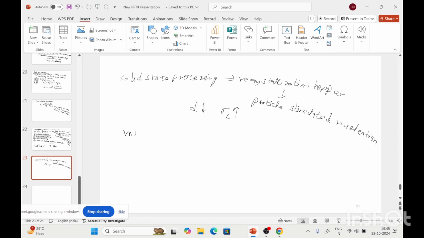The matrix flow is restricted by reinforcement during the deformation process, which leads to work hardening.